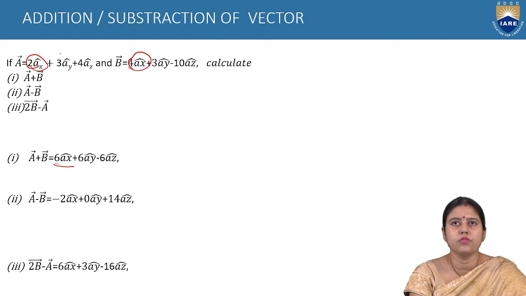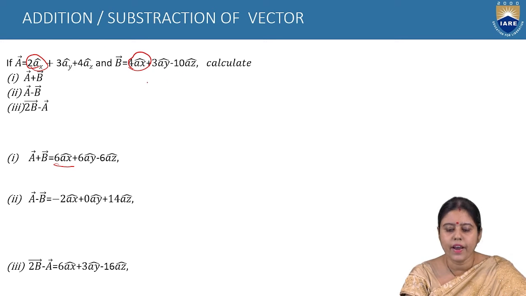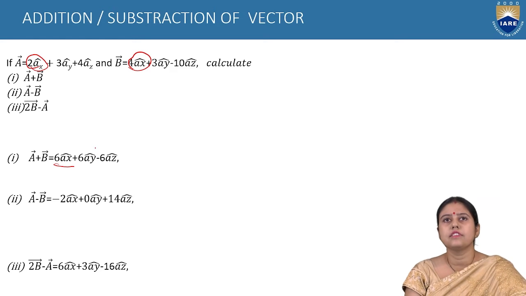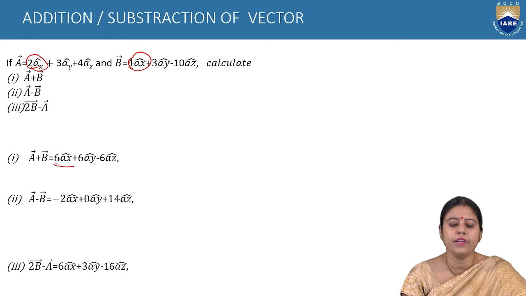The y component will be added with the y component: 3 plus 3, the answer is 6. 4 plus minus 10, 4 minus 10, so it is minus 6. So this is the simple addition of A plus B.